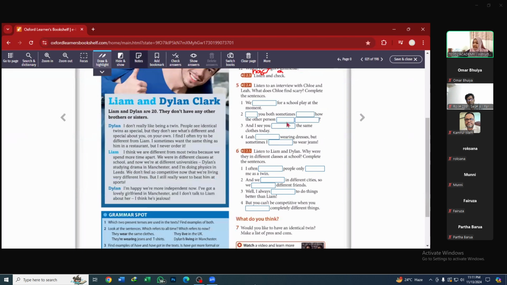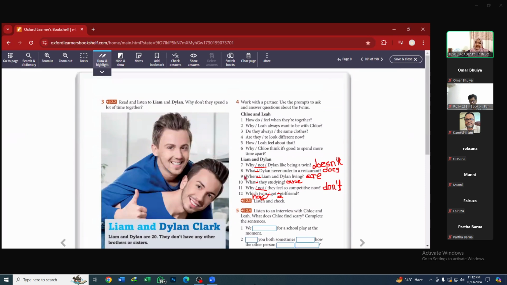So we will, inshallah, continue in the next class, and that will also be about these twins, but we will get to know something more about them because we will get to hear an interview with Chloe and Leah as well as with Liam and Dylan. And then we'll be filling up these blanks and everything. So we'll continue this same lesson in our next class as well.